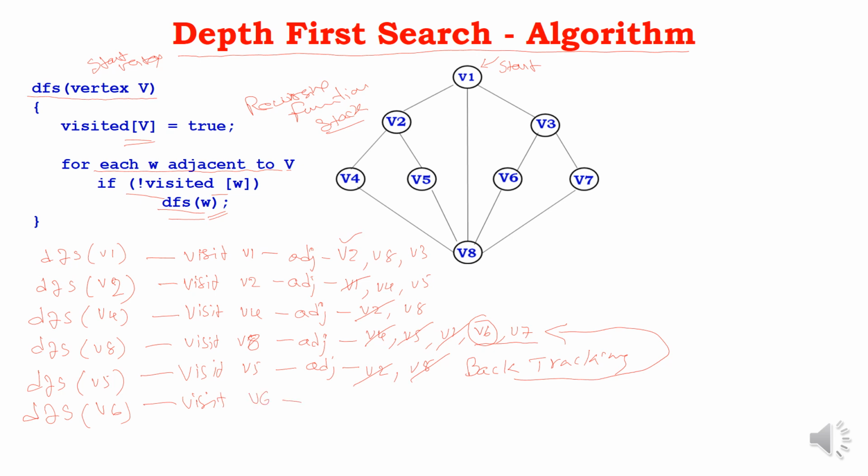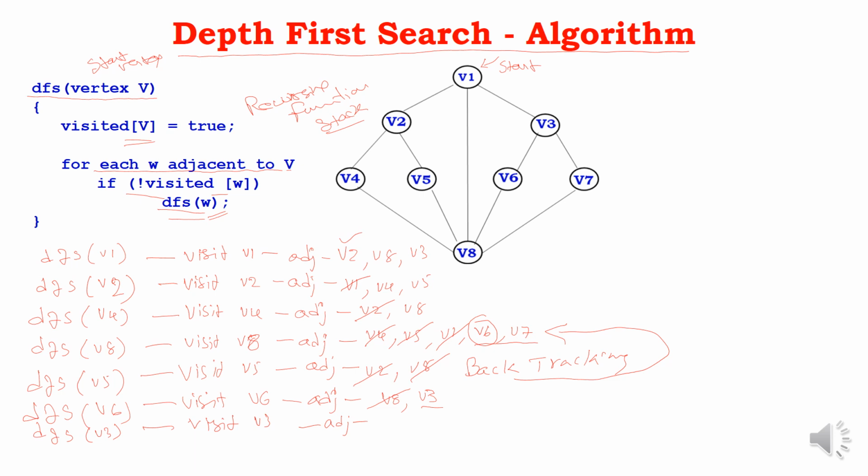Then what are adjacent vertices? Adjacent vertices of V6 are V8 and V3. V8 is already visited, so we may select V3. DFS V3. Whenever you call DFS of a particular vertex, automatically it visits. Visit V3. Then it finds adjacent vertices.